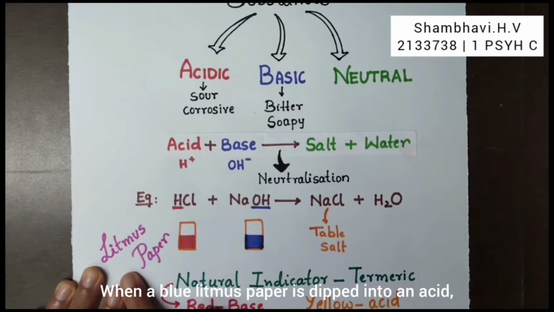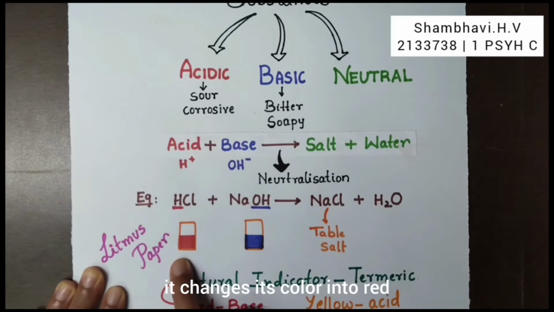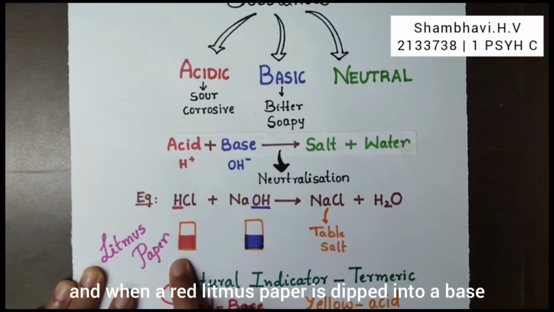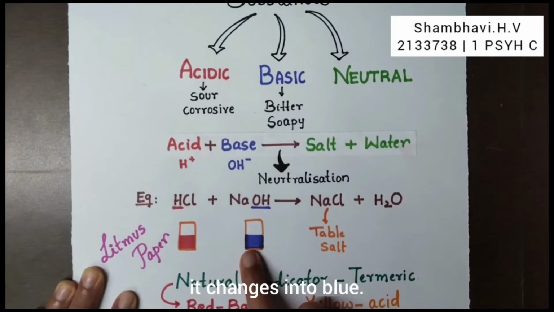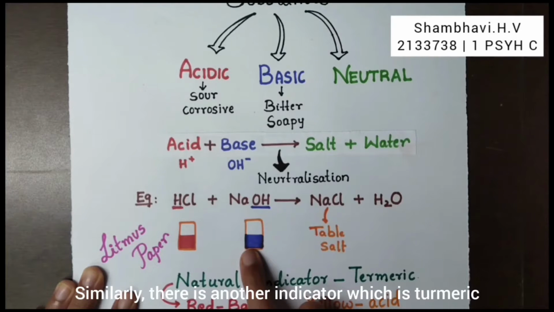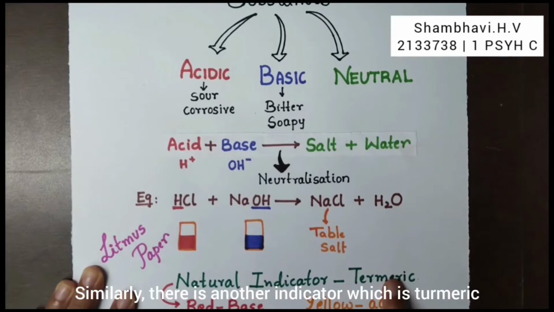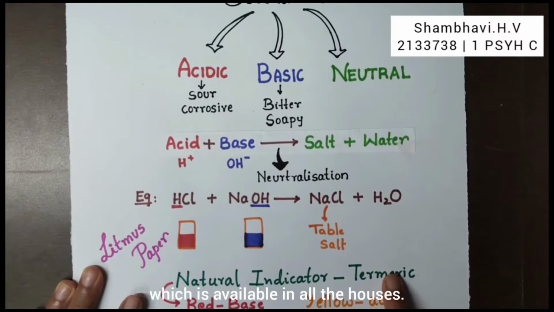When a blue litmus paper is dipped into an acid, it changes its color to red. And when a red litmus paper is dipped into a base, it changes to blue. Similarly, there is another indicator which is turmeric, which is available in all houses.